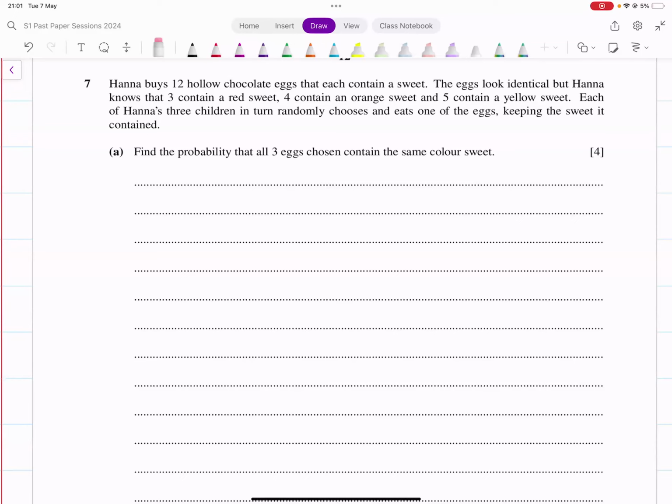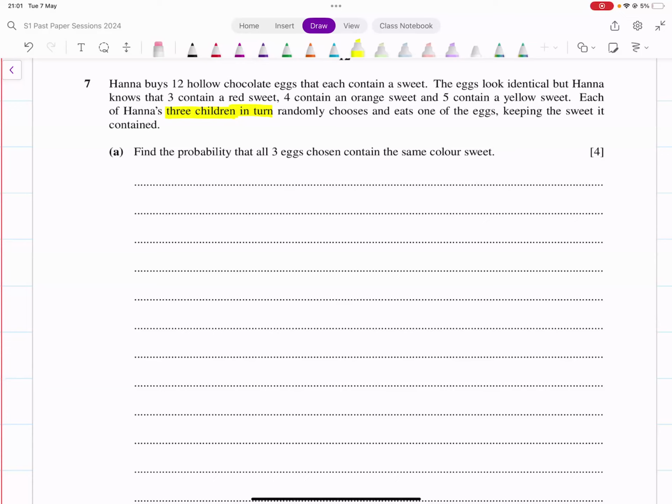Find the probability that all eggs chosen contain the same color sweet. Now, how many are they selecting? There are 3 children, and they're randomly choosing, in turn, one of the eggs. What's the probability that they contain the same color sweet?